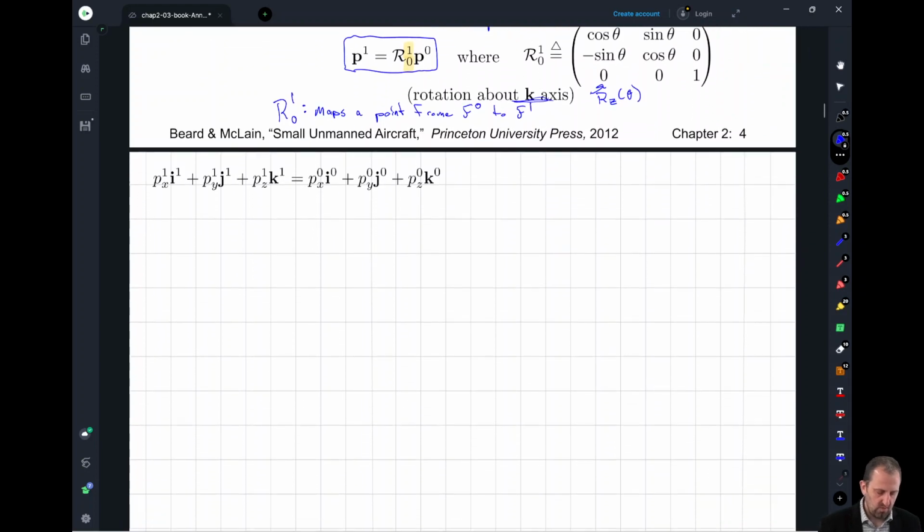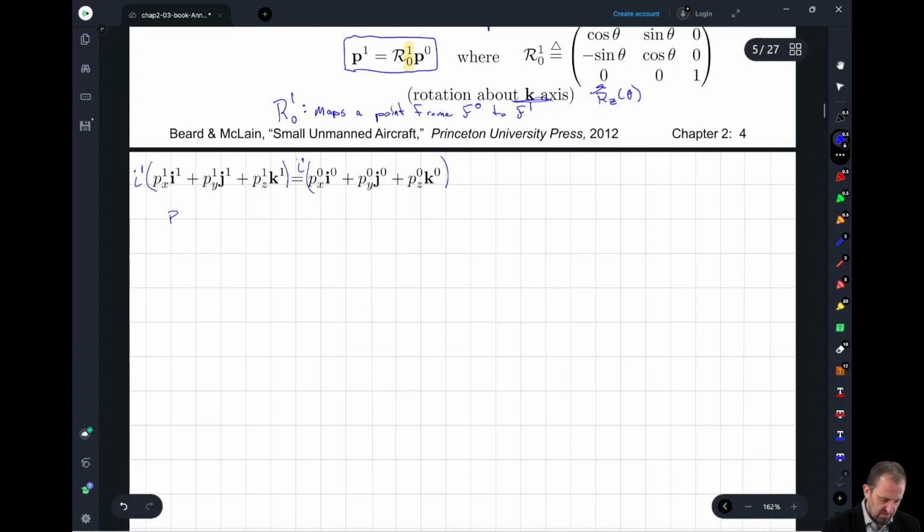What we can do is left multiply this whole equation by I1. We're going to stay in the notation of the book for this part. We're just multiplying both sides by I1, and we'll use the dot product to multiply.